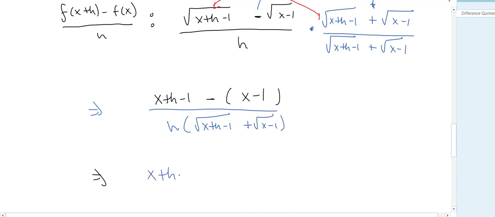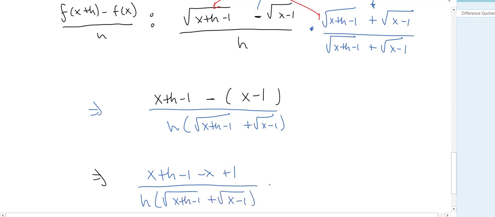Distribute that negative, so I have x plus h minus 1 minus x, and minus a minus becomes plus 1, all over h times the conjugate. Combine like terms, and so my x's cancel out and the 1's cancel out.